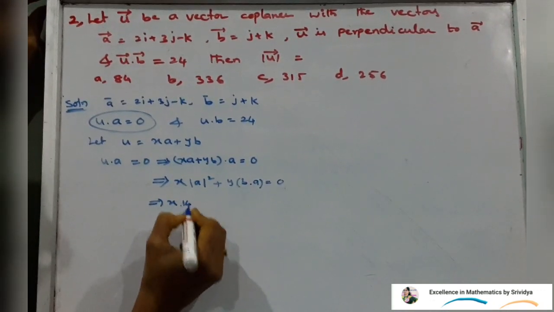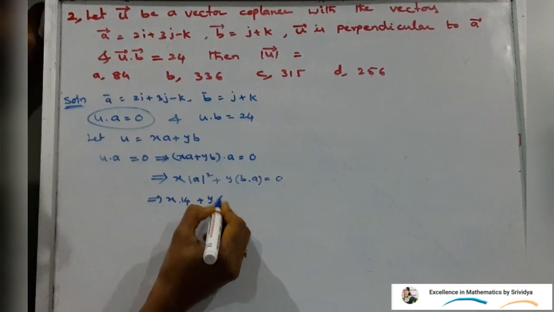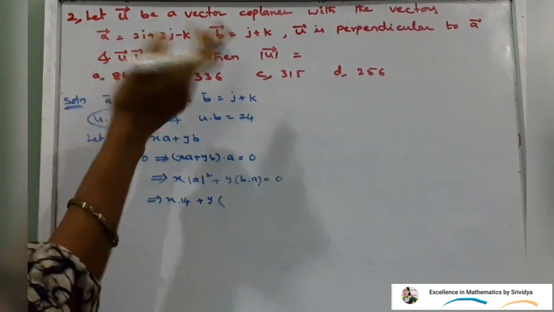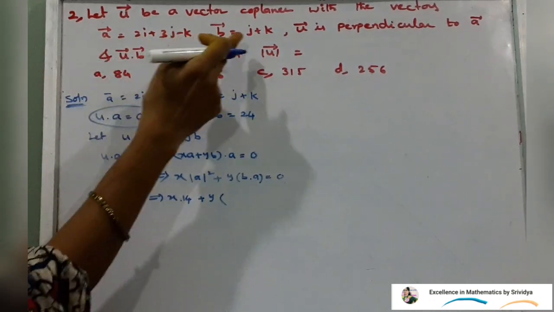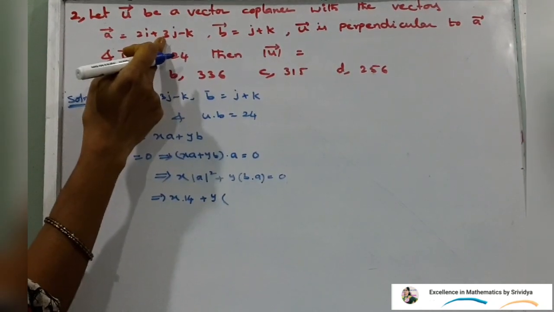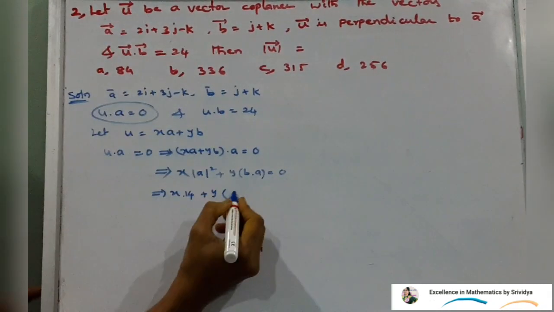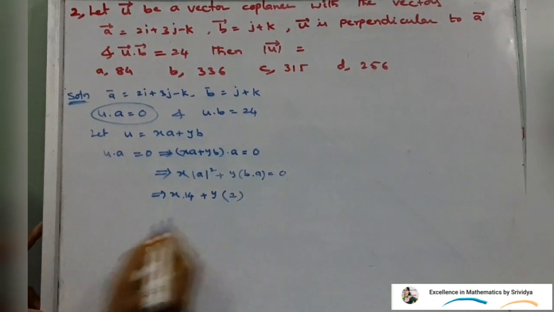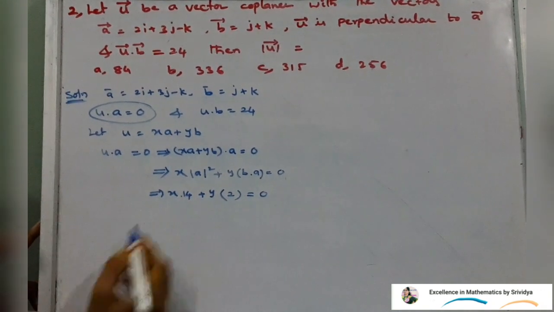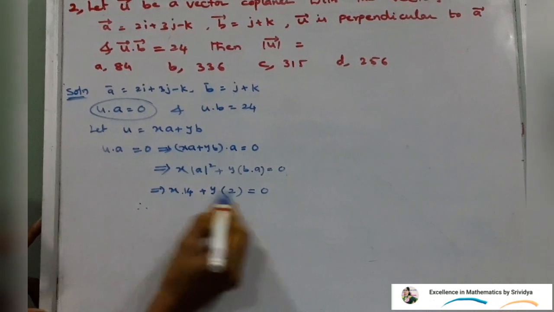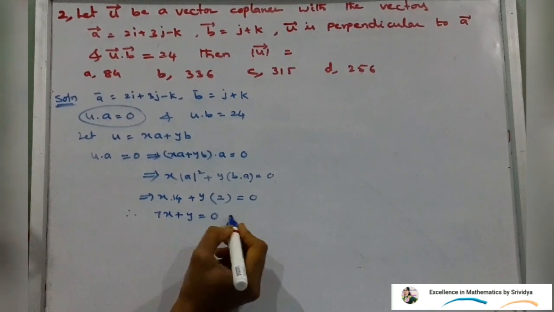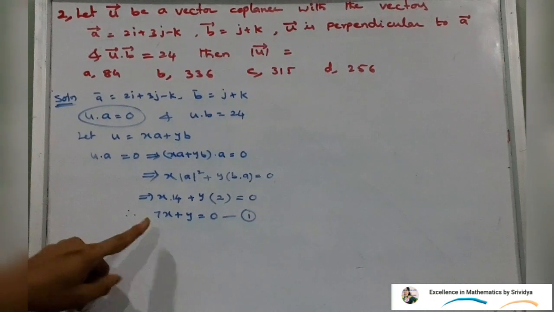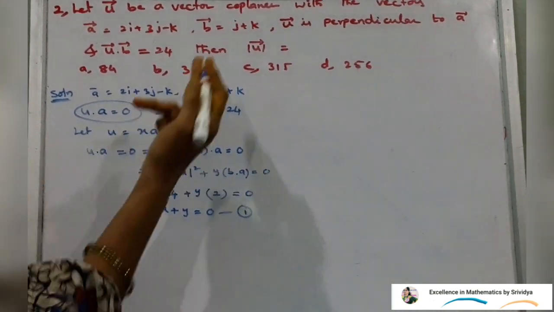Then mod a square is 14, plus y into b dot a. Dot product of two vectors: 0 plus j dot j, 3, minus 1, so b dot a is 2. Therefore 2 is common here: 7x plus y is equal to 0. That is equation 1.